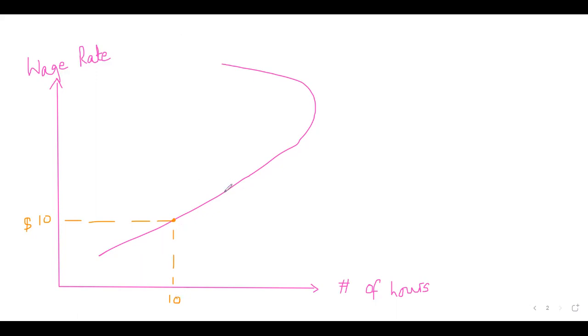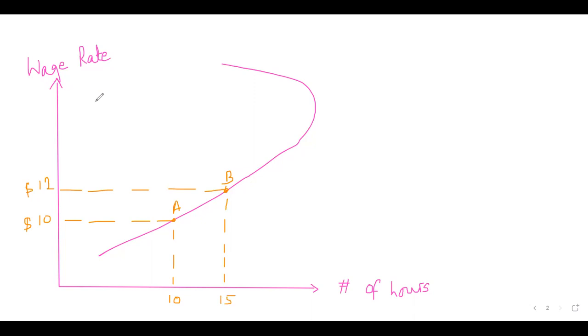Fair enough. But what if the wage rate per hour is increased? Then this person will move from point A to point B. With a higher wage rate, the person will be motivated to work for longer hours. Do you agree with me? So with the higher wage rate, that person would be encouraged to work more, let's say 15 hours per day, since 20 would be too much, and so on.